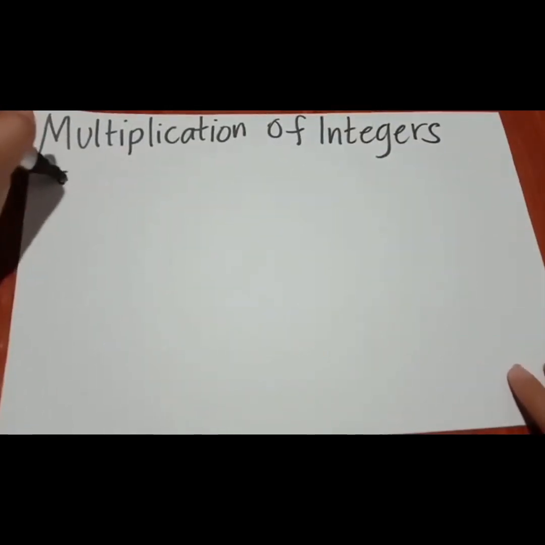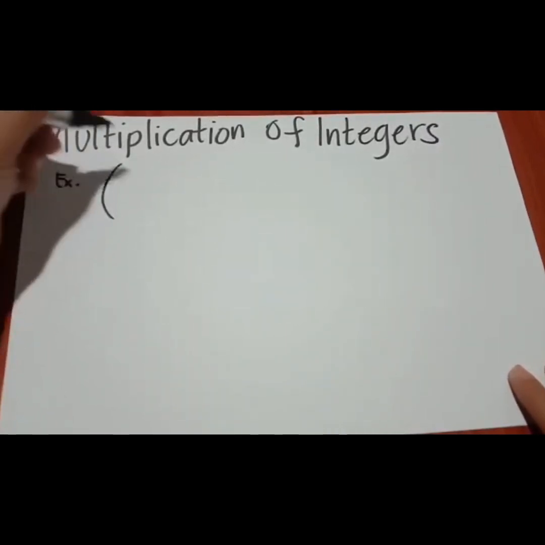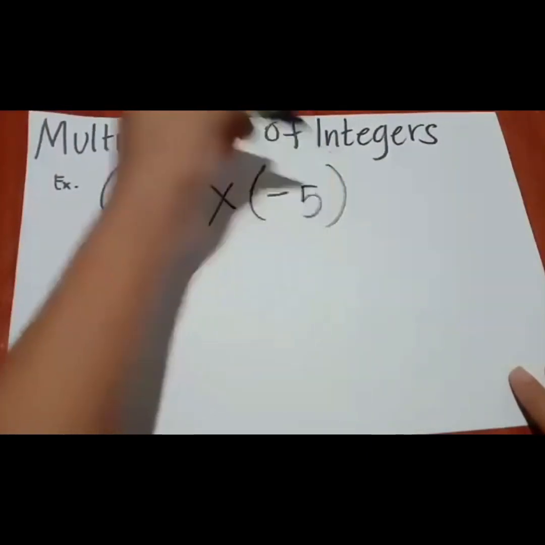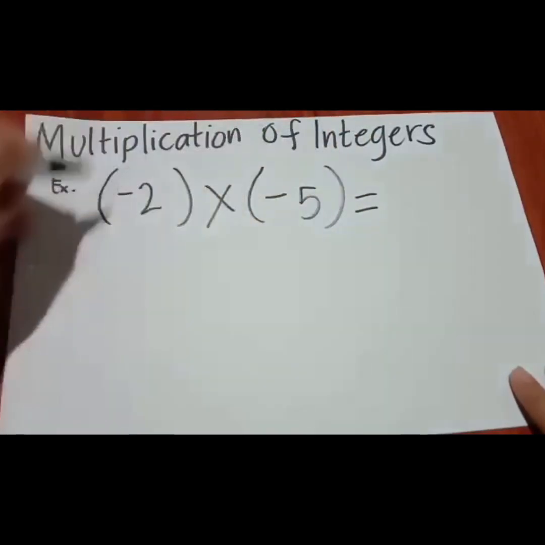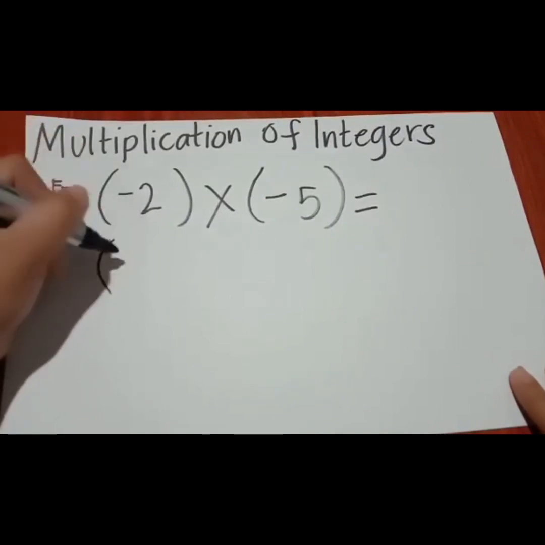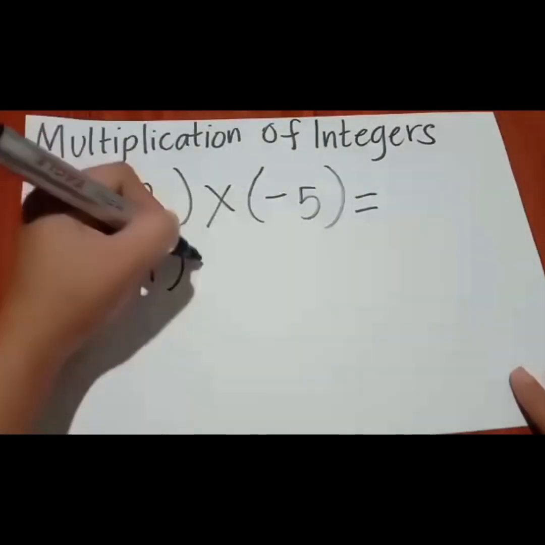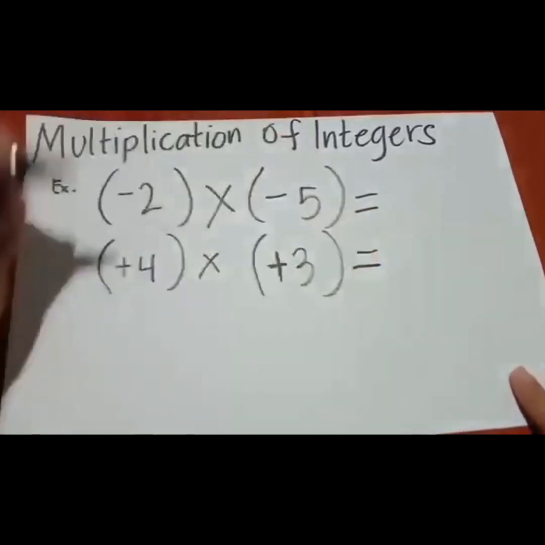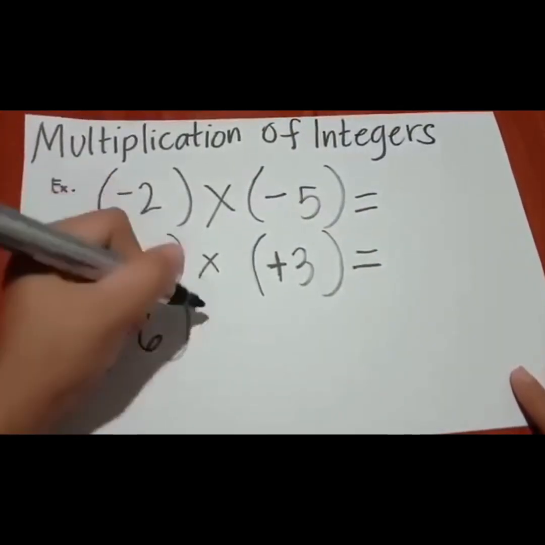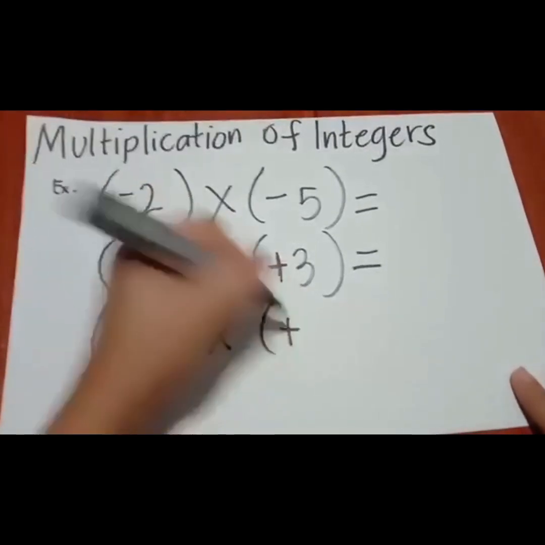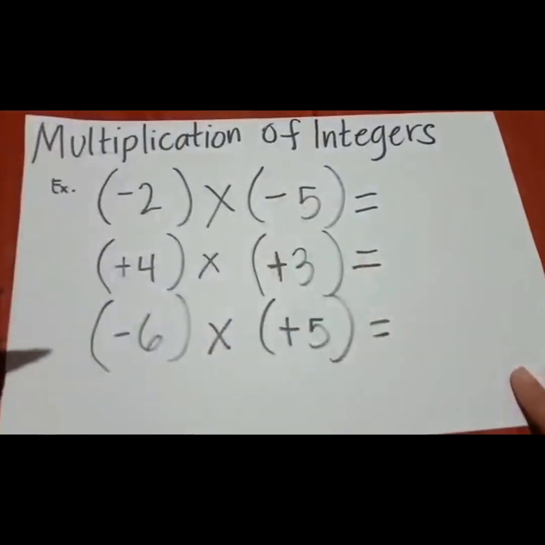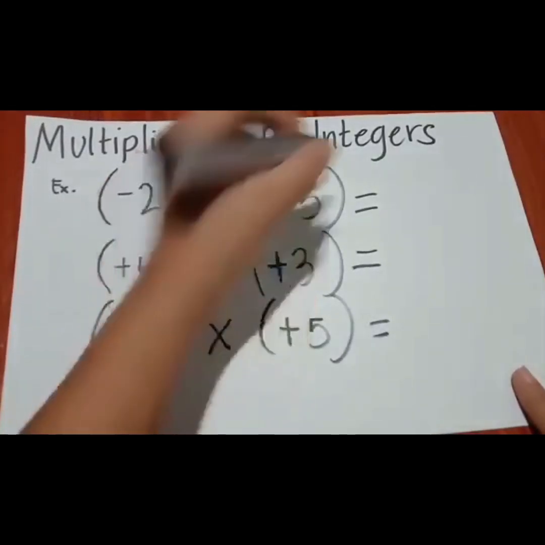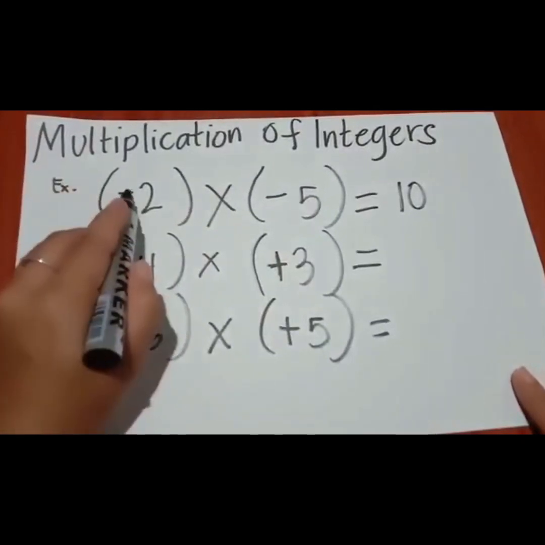Multiplication of integers. Example: so negative 2 times negative 5 is equal to 10, and copy the negative.